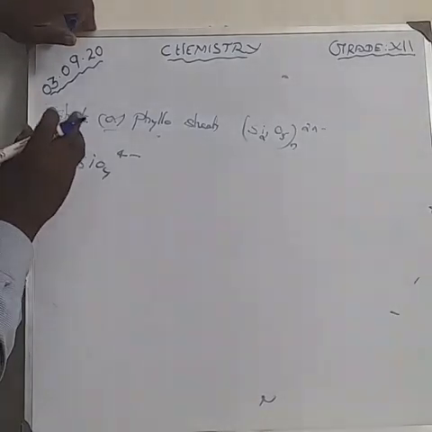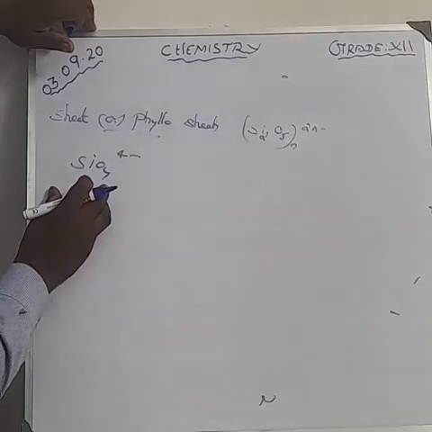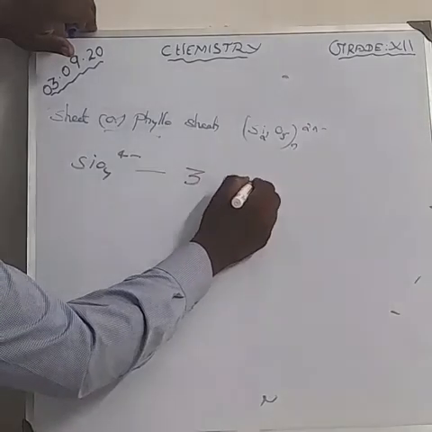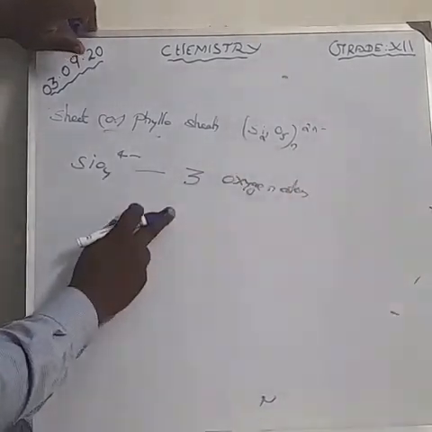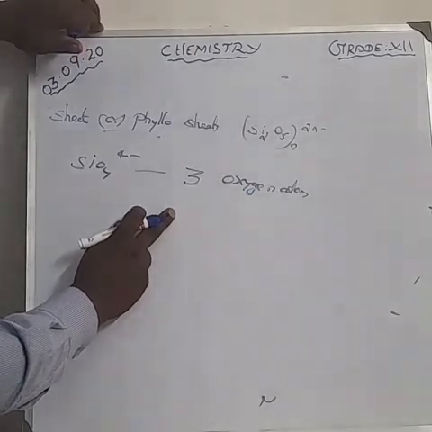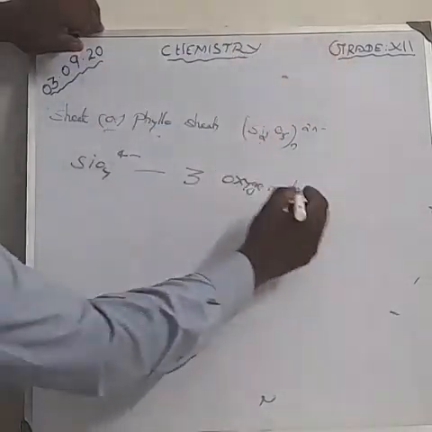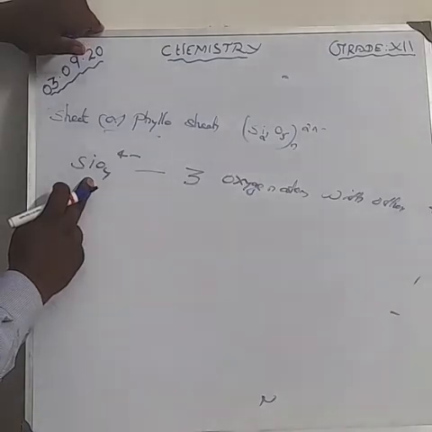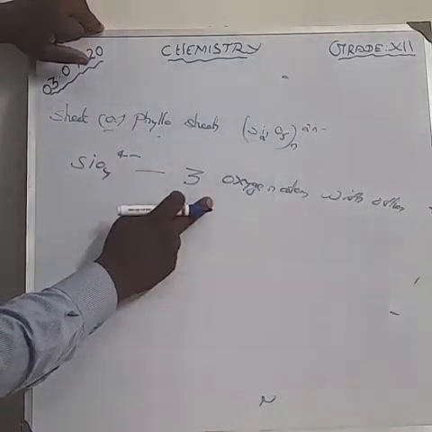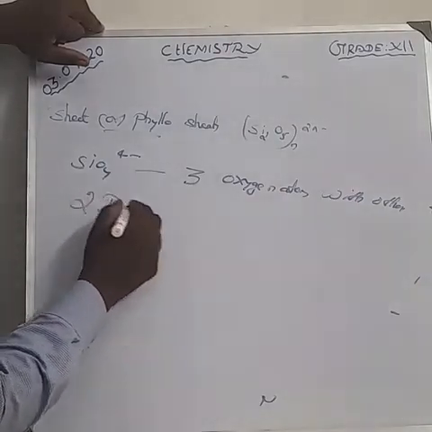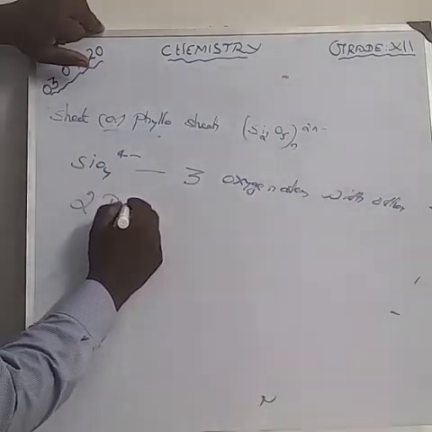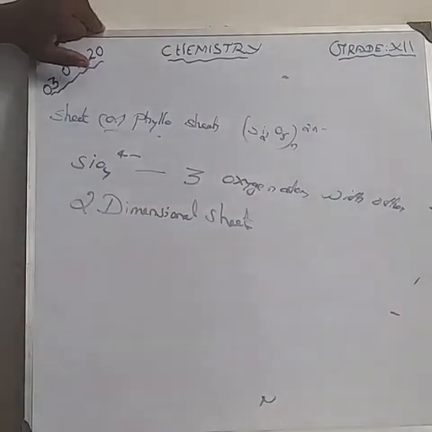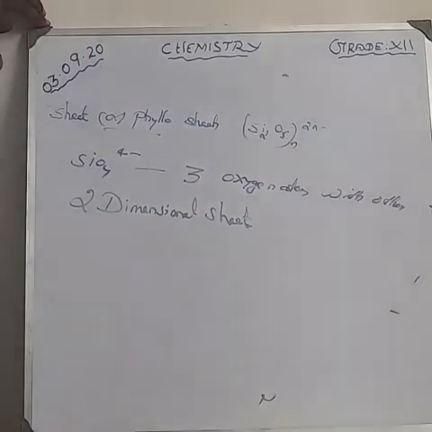How many oxygen atoms? 3 oxygen atoms with others, and thus forming a 2-dimensional sheet. Okay. Here, example mica.